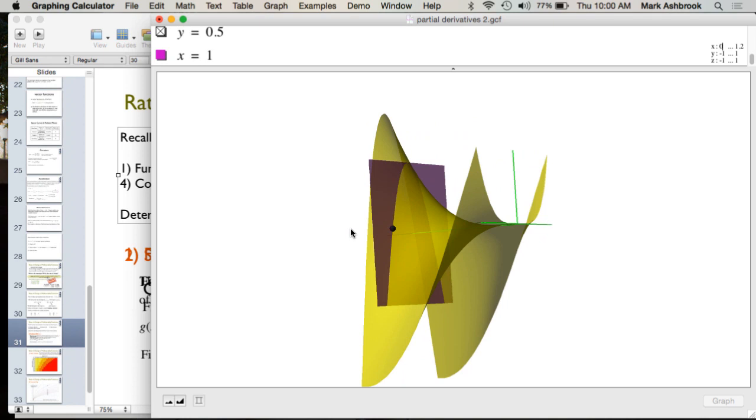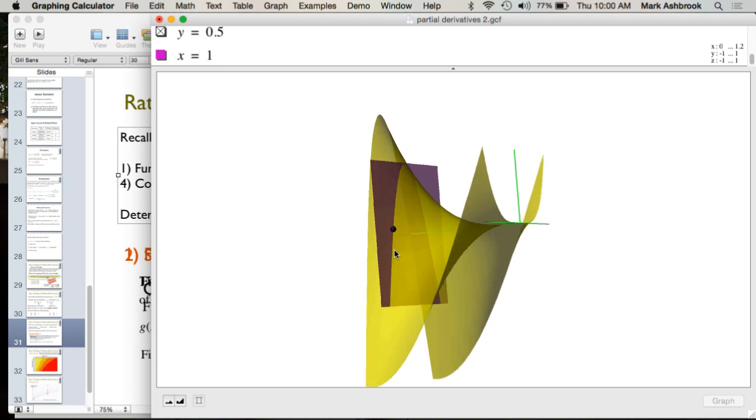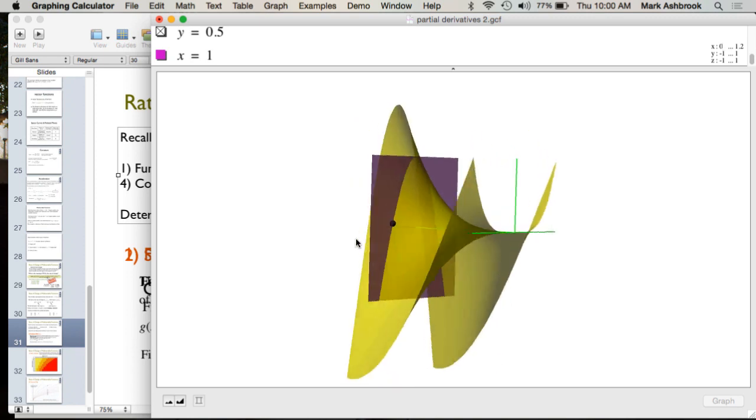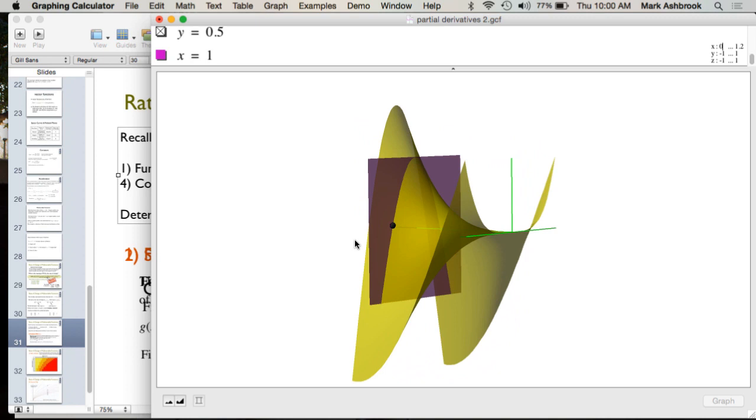All right, this is the one that you just did. That yellow gold surface is the function h that you just did. So does what we say agree with what you got? It looks like y is going down a lot more than x was going up. Does that agree with your numbers? It looks like the partial with respect to y is going to be a pretty big negative number.